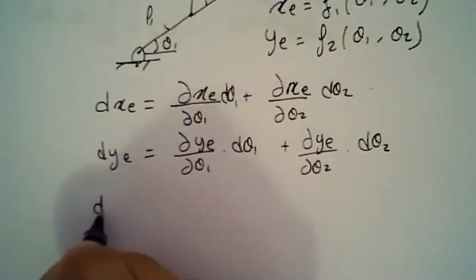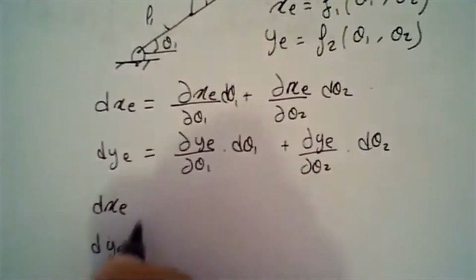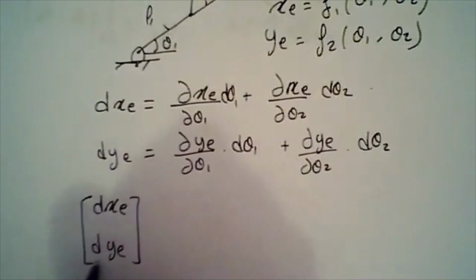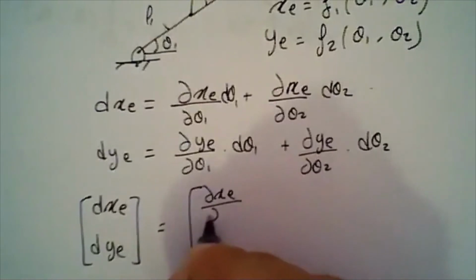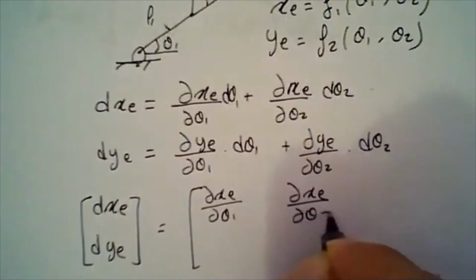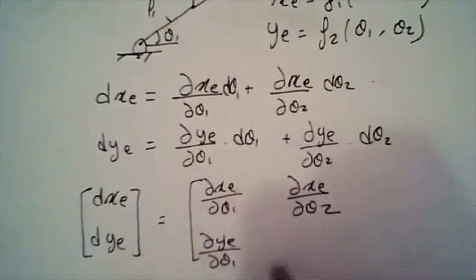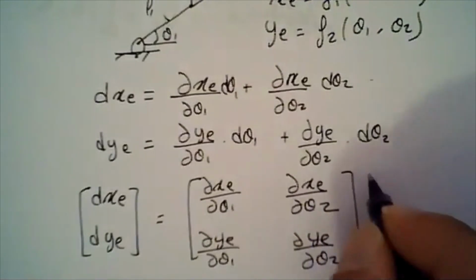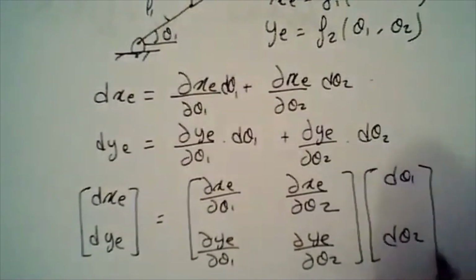And I can rearrange this into the following: the matrix of partial dxe d theta 1, partial dxe d theta 2, and so on, multiplied by d theta 1, d theta 2.